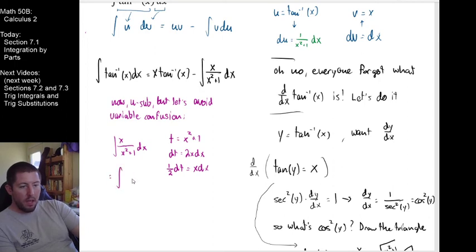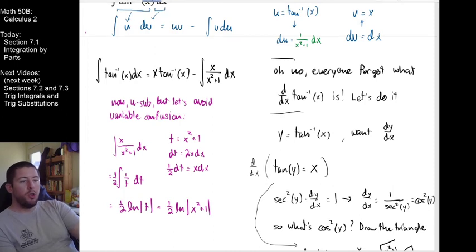So x dx is going to be 1/2 dt, and that's a 1 over t, right? Because x squared plus 1 is t. And so that's going to give me 1/2 natural log of t, which I can rewrite as 1/2 natural log of x squared plus 1.